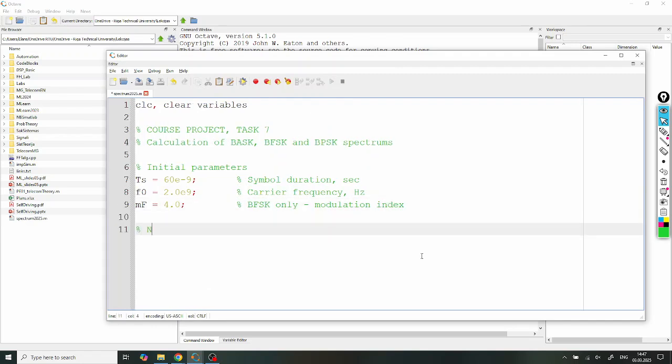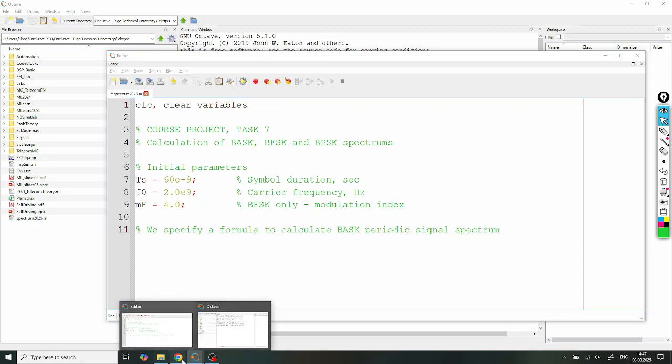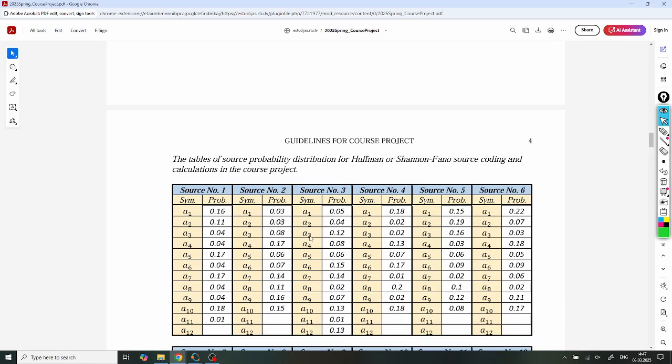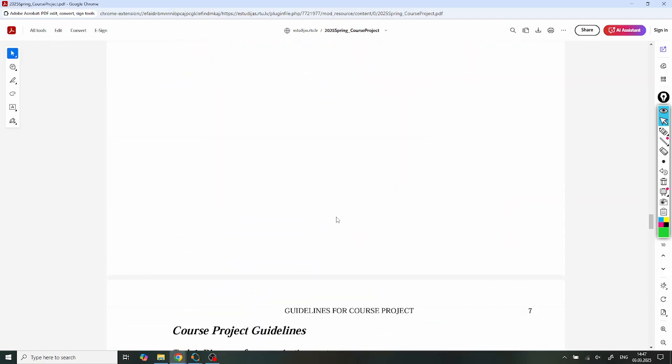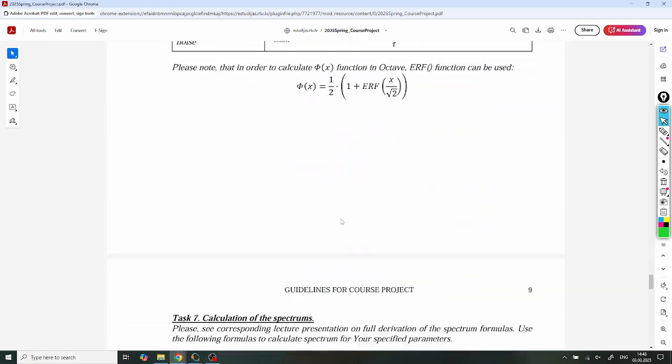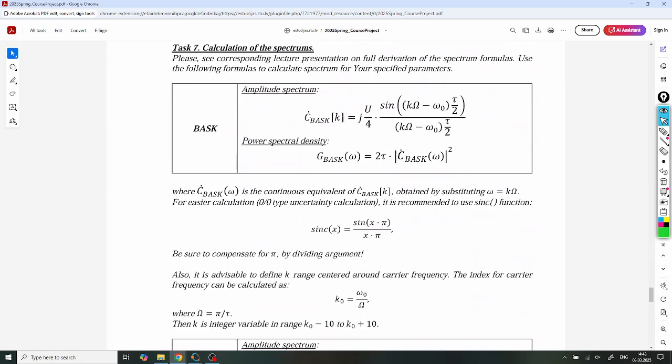So first we specify a formula to calculate BASK periodic signal spectrum. So that is available both in lecture slides and also in this document. If we scroll further, you will see some formulas. So we will need to use the formula for this CBASK calculation.